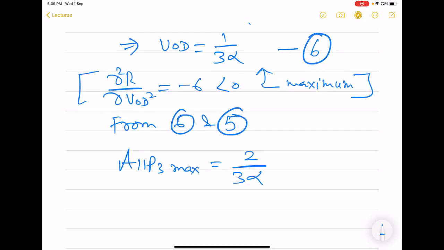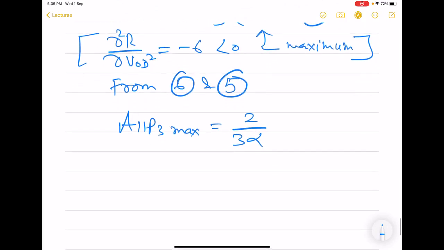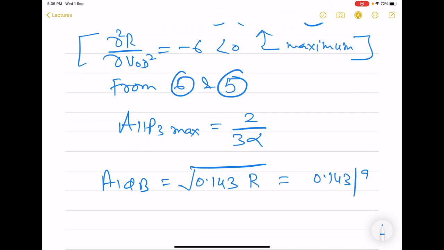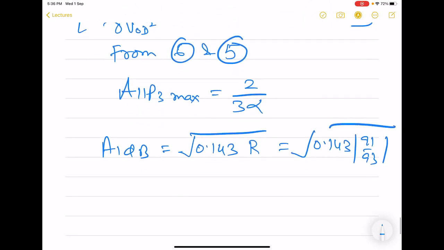Now this R also appears in the expression for 1 dB, which is 0.143 R. So in this case, the exact expression is this one.